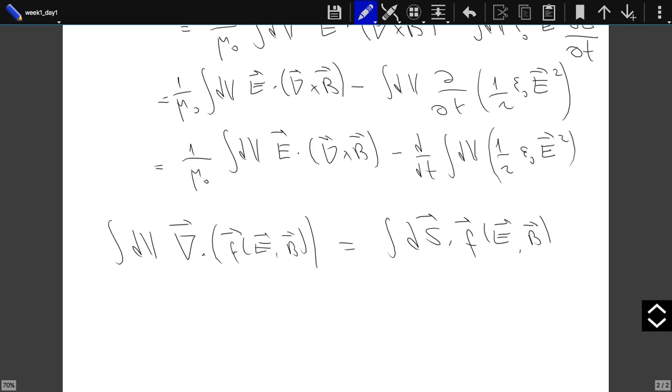Now let me look at that one. It just looks like 3 vectors. I have some cross product, some scalar product, etc. So let me look at this one. What is the gradient of E cross B?